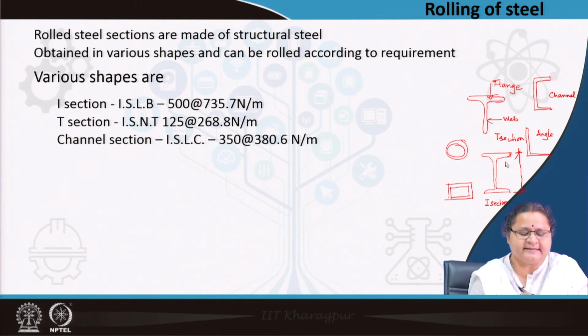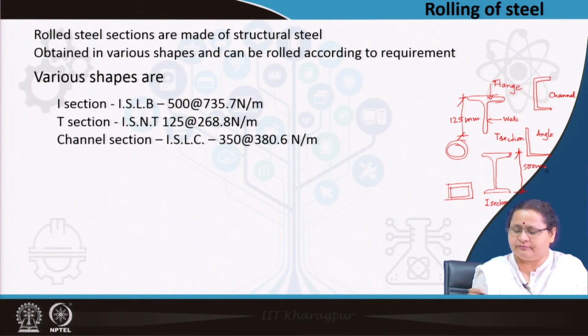Same for T, it is ISNT 125, that means the depth of the T section is 125 millimeter, and the rest is the weight.